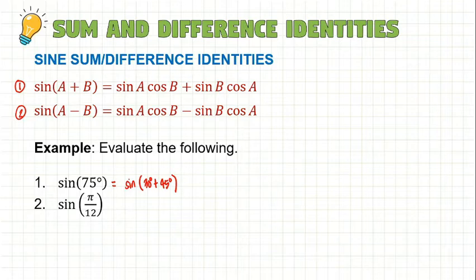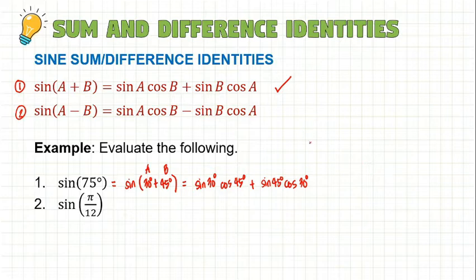So using the formula, since we have 30 plus 45, we will use the identity for the sum. So we will now have sine of A cosine B plus sine B cosine A. Our A here is 30 and B is 45, right? So from that, we will have sine of 30 degrees, our A, times cosine of B, which is 45 degrees, plus sine of B, which is 45 degrees, and cosine of A, which is 30 degrees.